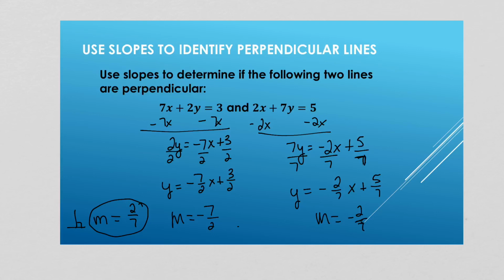Nope, it's not. They are not perpendicular. Here's why. This one is negative, and this one is also negative. Remember, one has to be positive and one has to be negative. The only exception is a vertical or a horizontal line, okay? So we wanted positive 2/7 for it to be perpendicular. This ended up being negative 2/7, so I would say not perpendicular.